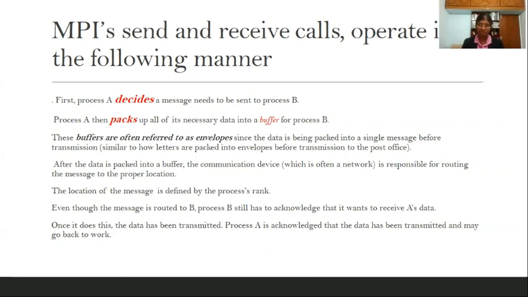Once B acknowledges it, the data is transmitted to B, and process A gets to know that process B has accepted the message. After this, process A is free to carry on with its next work.